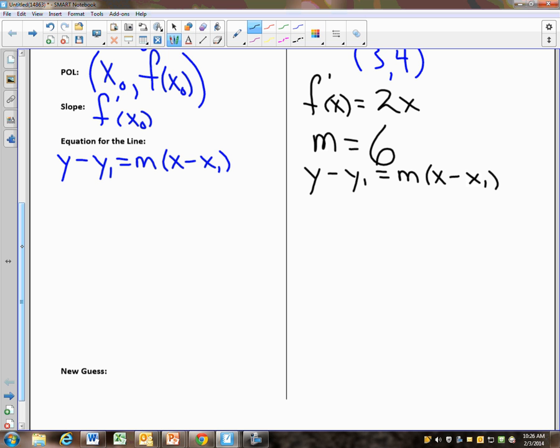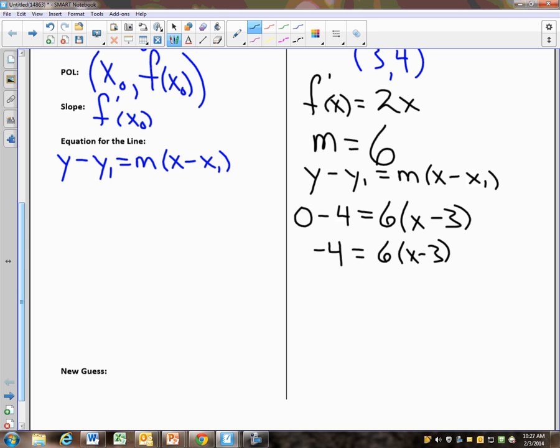The x-intercept. The x-intercept occurs when y is equal to 0. So we can put 0 in for y. What goes in for y1? 4. So 0 minus 4 equals 6 times x, where x is the x-intercept you're solving for, minus what's x sub 1? 3. So now we get negative 4 is equal to 6 times x minus 3.